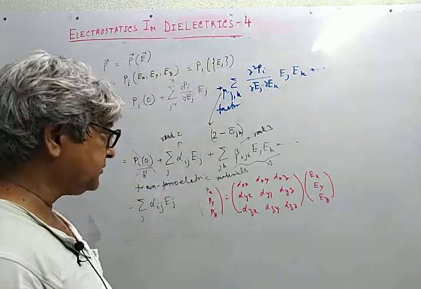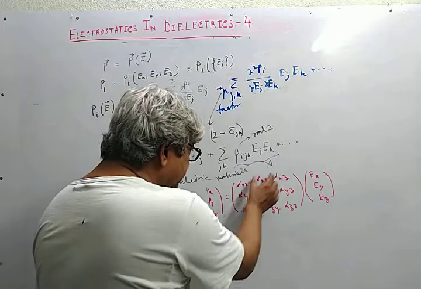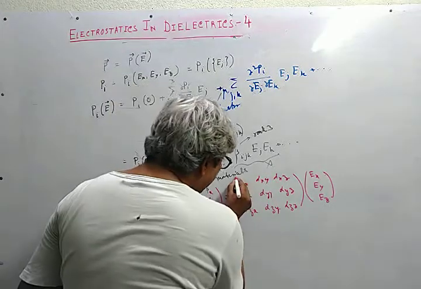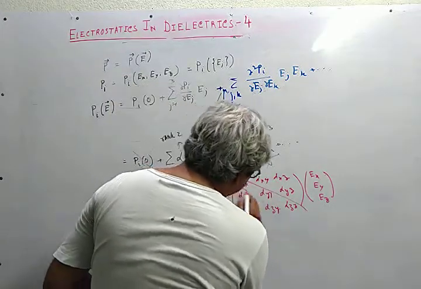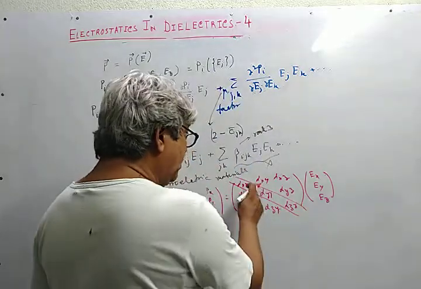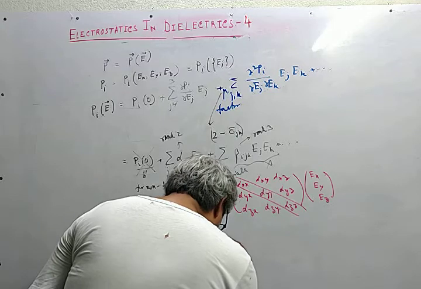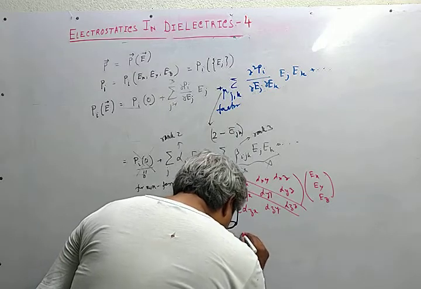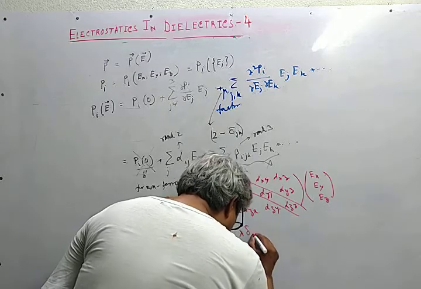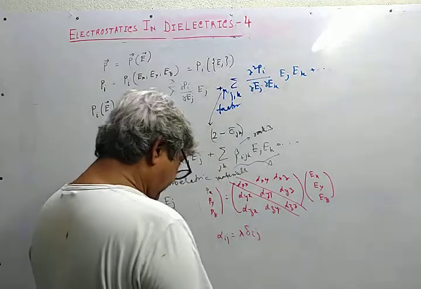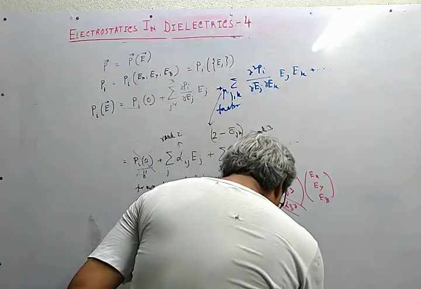There are materials for which these cross terms are zero, only the diagonal terms remain non-zero, and also they are the same. If alpha_ij is equal to some constant times δ_ij, it is called an isotropic material.